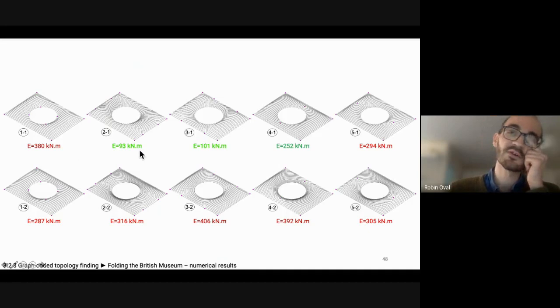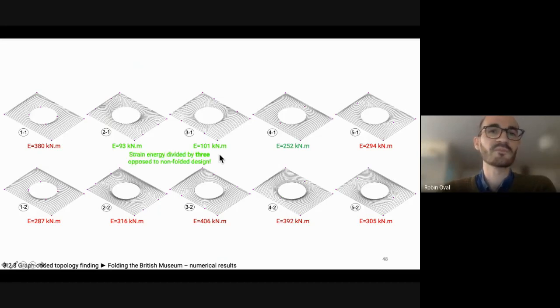And here with some structural analysis, if you do the calculation, you can see that if you don't fold it in the right direction, the strain energy can increase a lot. But if you do it in the right direction, you can reduce the strain energy by 3, which means improving the efficiency of your design by 3.